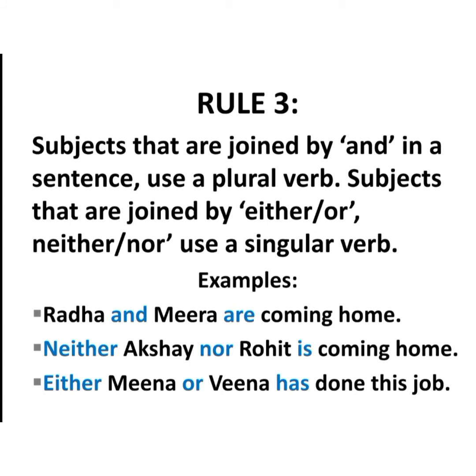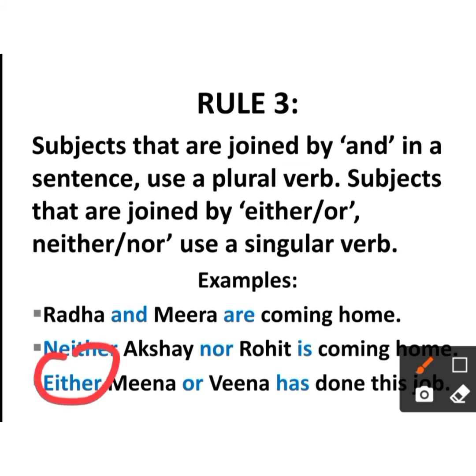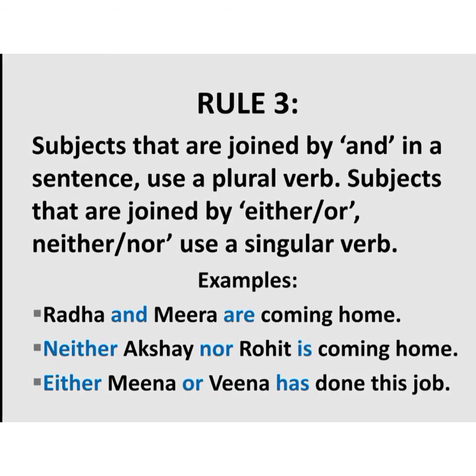So here we have either Meena or Veena. So we have either or joining the two subjects. So we must have singular verb and not plural. So we don't say either Meena or Veena have done this job. Okay, we must use singular verb. So we have has here.